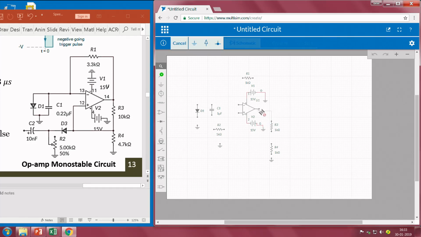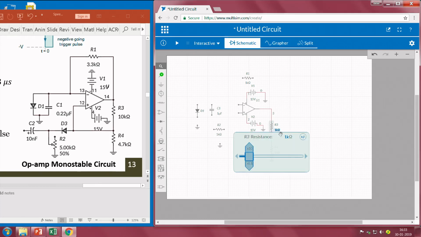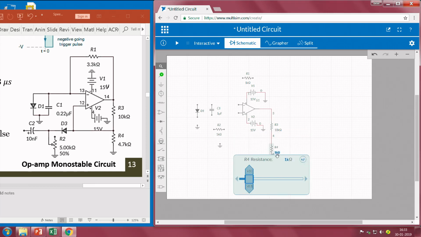Output of the operational amplifier has to be connected to the R3 resistor, and the other terminal of R3 should be connected to R4, and the other terminal of R4 should be grounded, but the value of R3 should be 10K and R4 should be 4.7K. The positive terminal should be connected here.